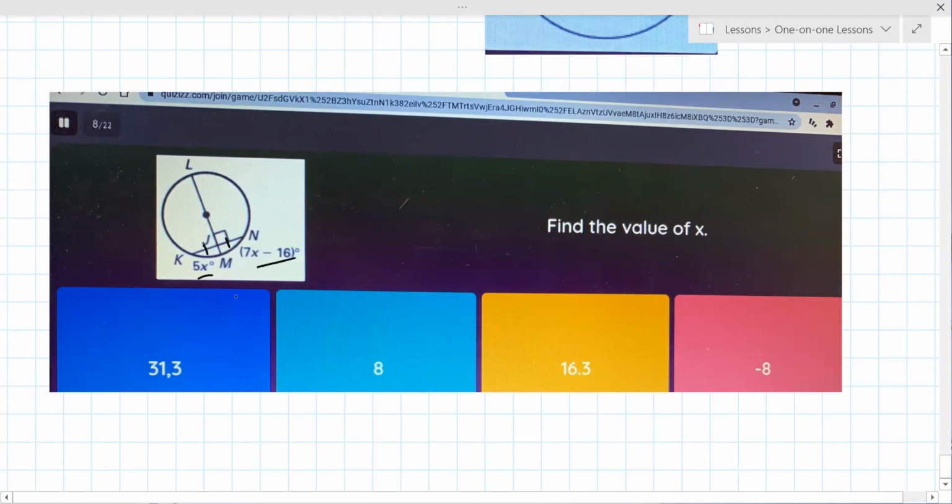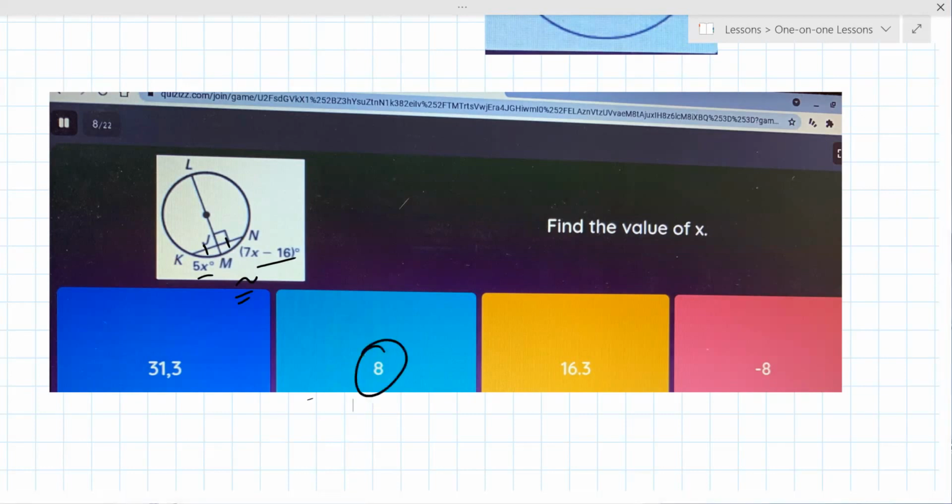So I want you to set these equal to each other and see if you can solve for x, please. X equals 8. Yep, you got it.